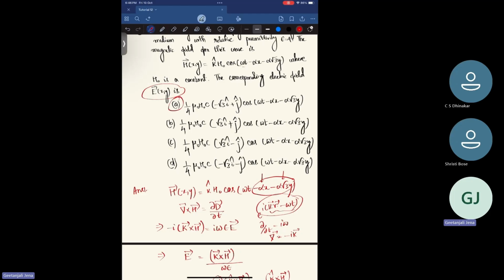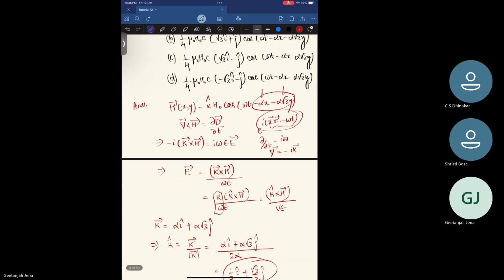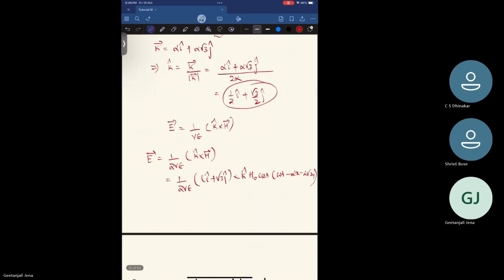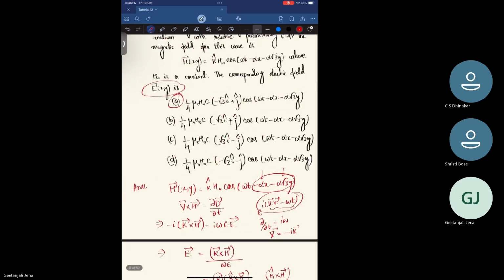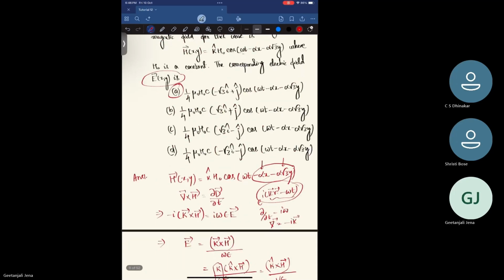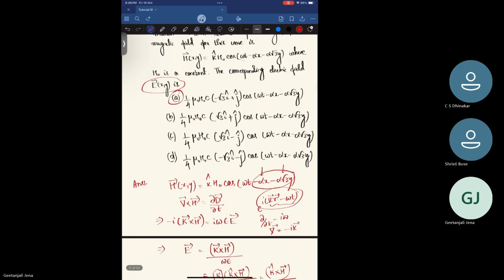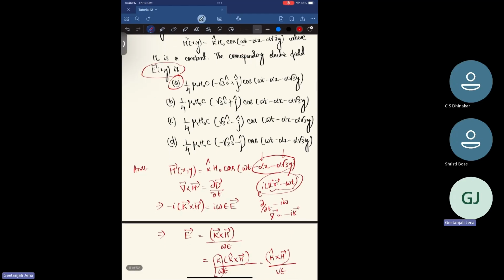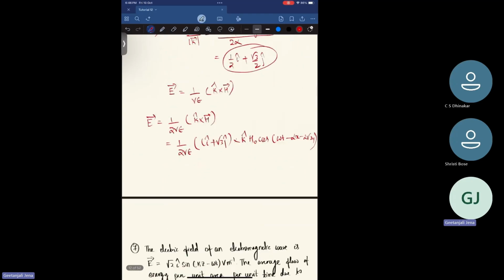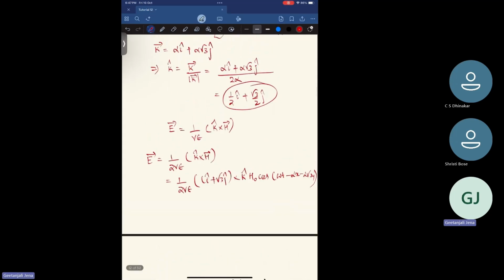It is option A actually. Okay, so this is the electric field.